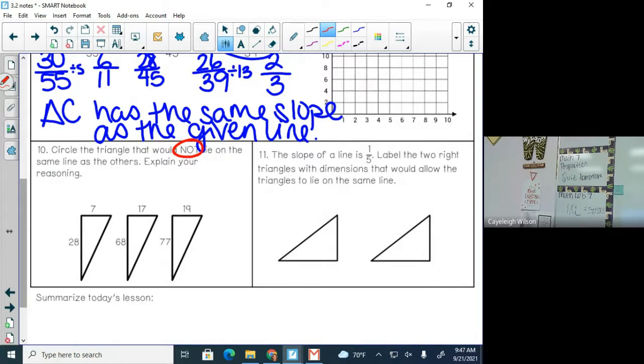I can also teach you all how to use your calculator to reduce fractions. I'll do that at the end.